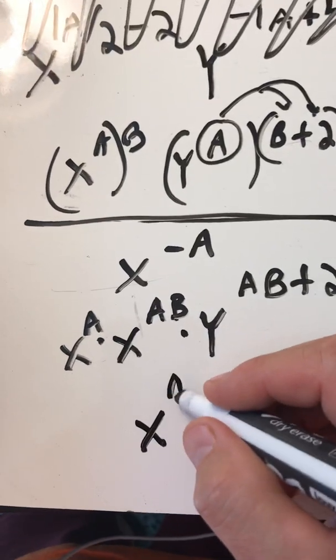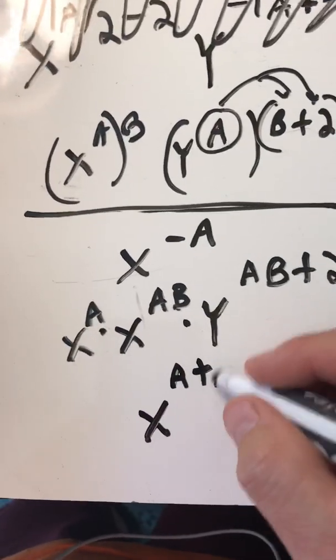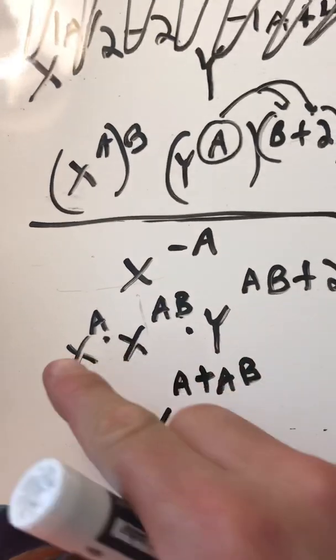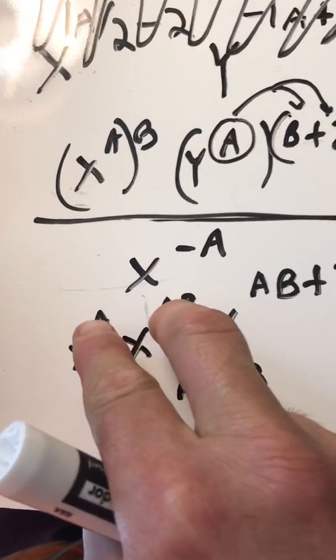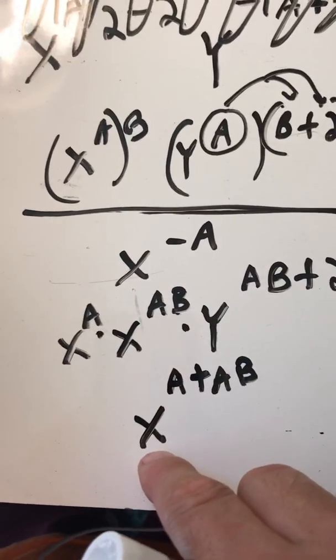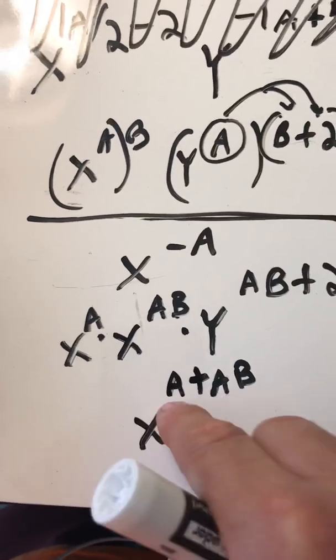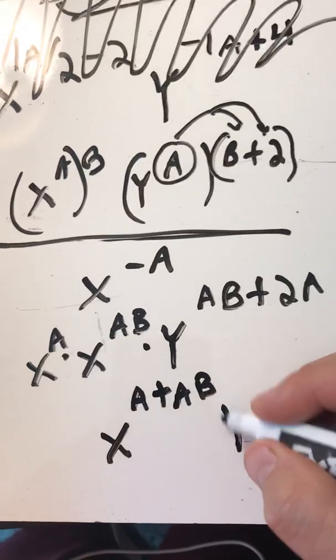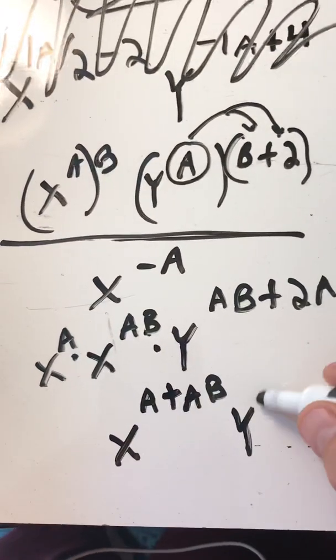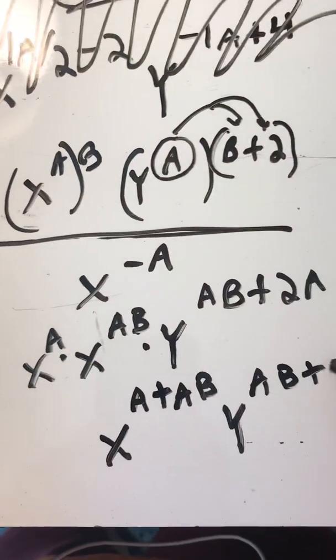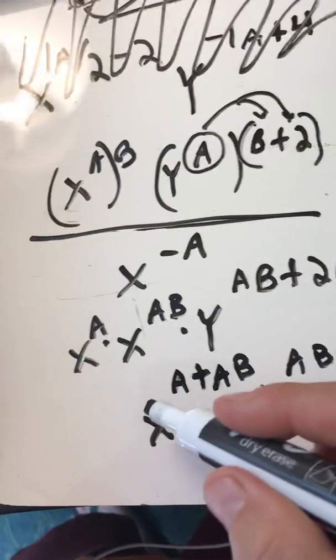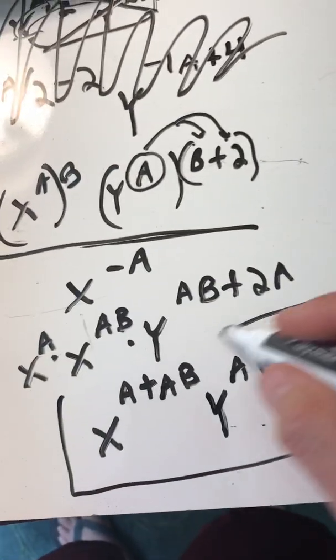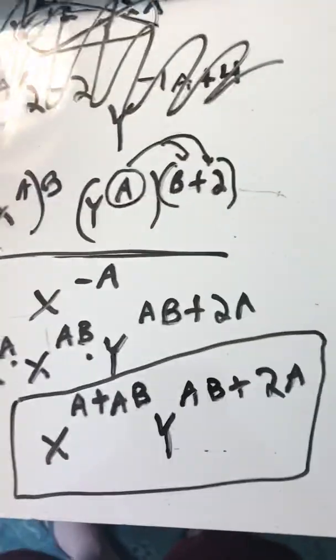So it would look like this: x to the a plus ab, because when you do a base times a base, you add the exponents. So now we only have one base, and both of these things are in the exponent, a plus ab, and then it's y to the ab plus 2a. Easy peasy, okay?